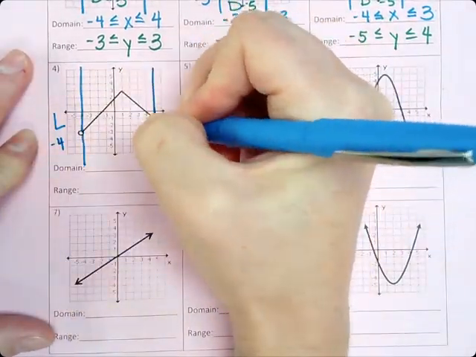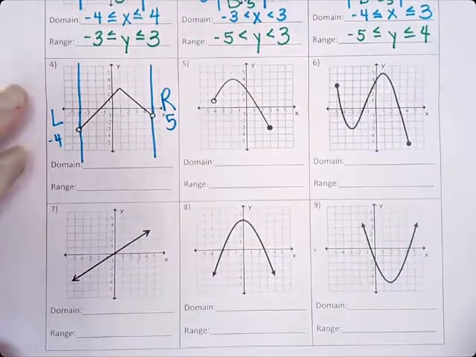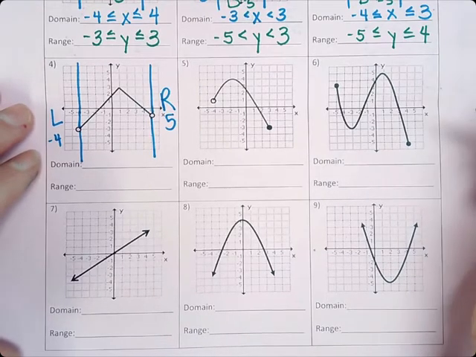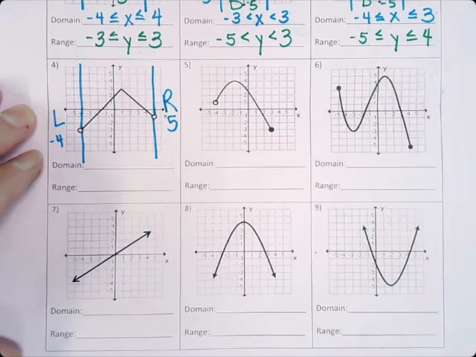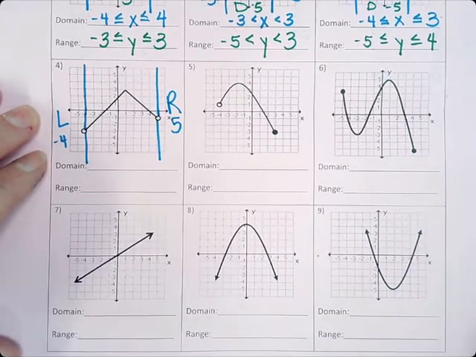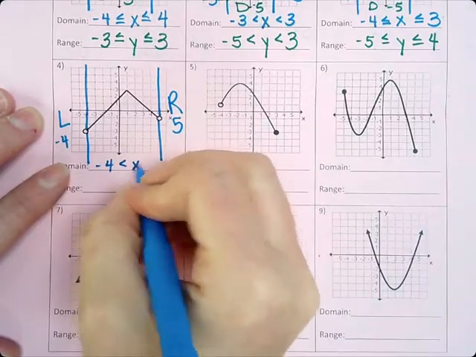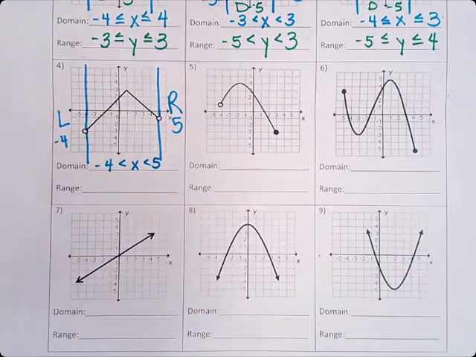Right side, it's at +5. So make sure that you have the same thing as me. And then do your range.